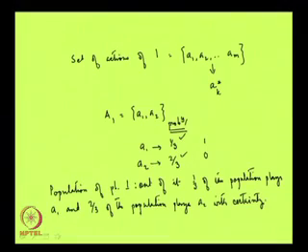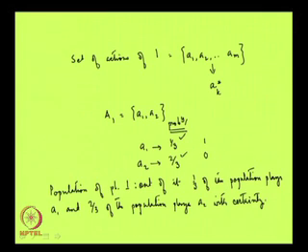So, instead of saying that the player who is playing the game in place of player 1 is playing A1 with 1/3 and A2 with 2/3, we can also say that of the total population behind player 1, 1/3 is playing A1 with certainty and 2/3 is playing A2 with certainty.